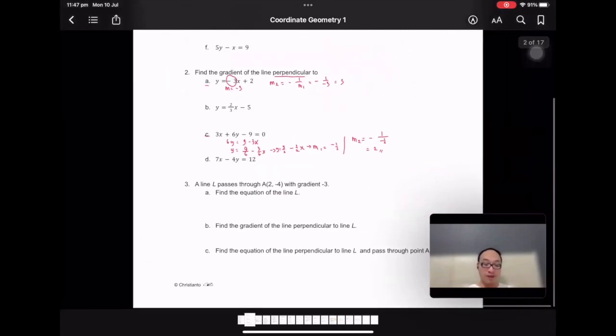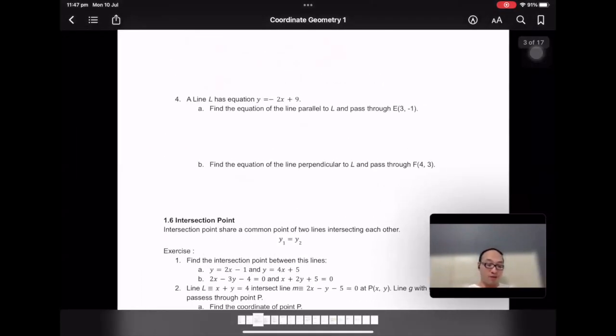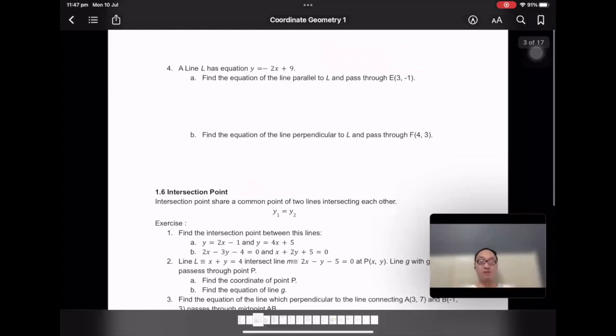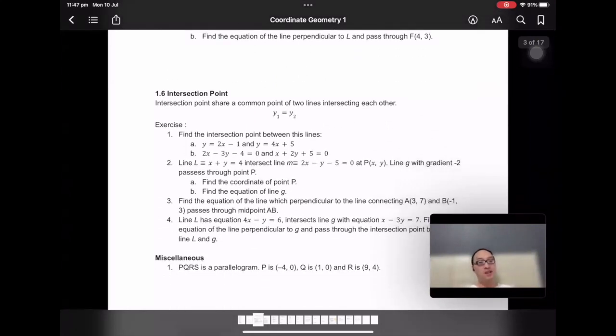I will move on to the next subtopic, intersection points. So we already learned about finding the distance between 2 points, finding the midpoint, finding the gradient of the line, determining the equation of the line, and finding the relationship between two lines, parallel or perpendicular.